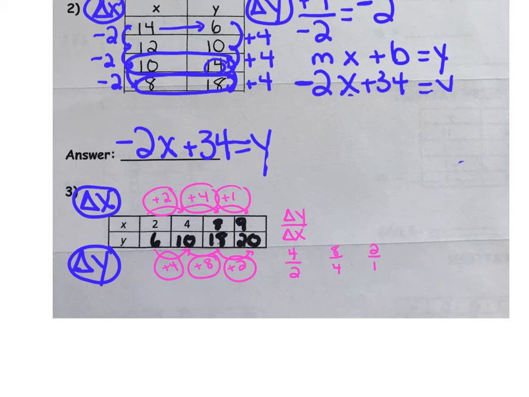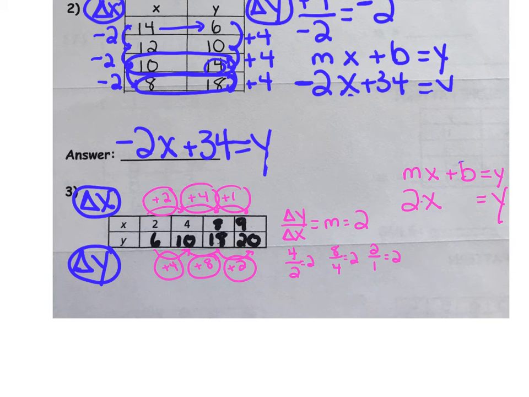You can see as we divide and simplify, each of these has a consistent value of 2. So our slope, our m value, is 2. So as we write our equation, mx plus b equals y, we know the slope is 2. 2 times every x, blank, blank, equals y.